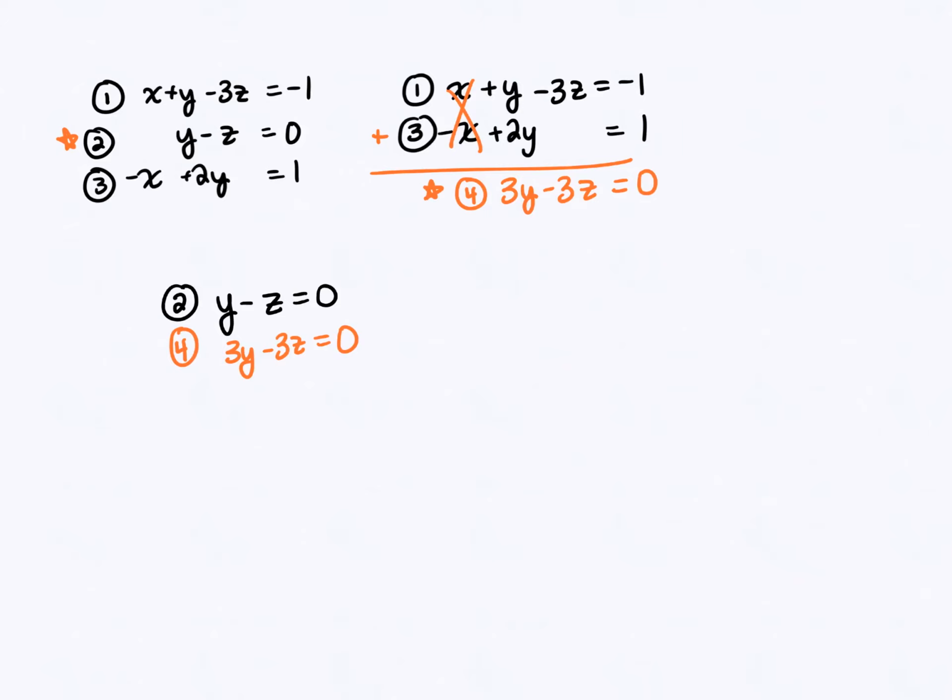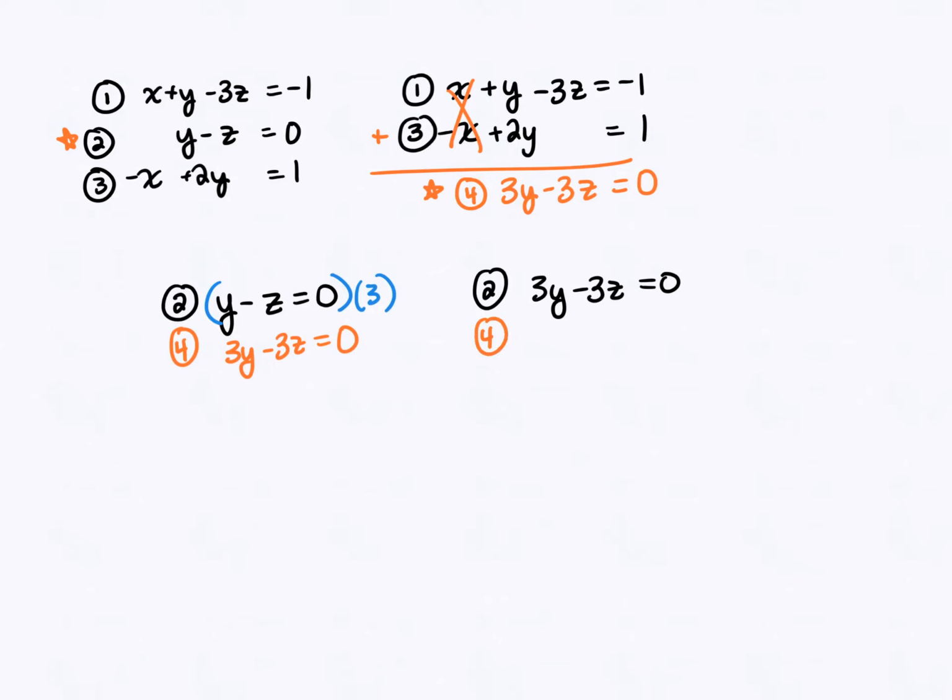However, I can't right off the bat. But if I were to multiply equation 2 by, let's say, negative 3, you know what, let's even just make it positive 3. Let's see what happens. So that's going to make equation 2, 3y minus 3z equals 0.